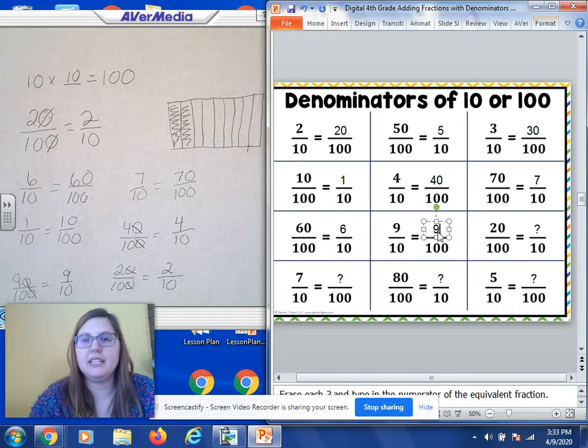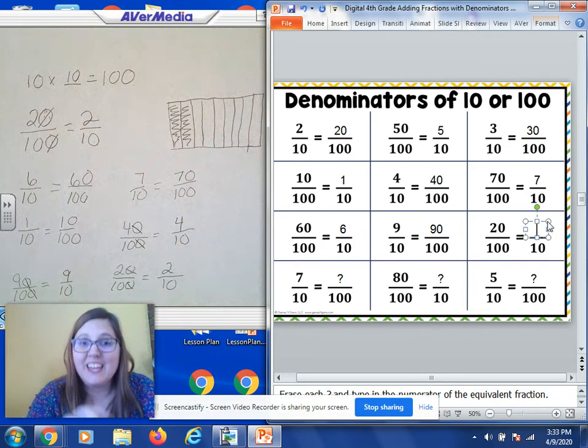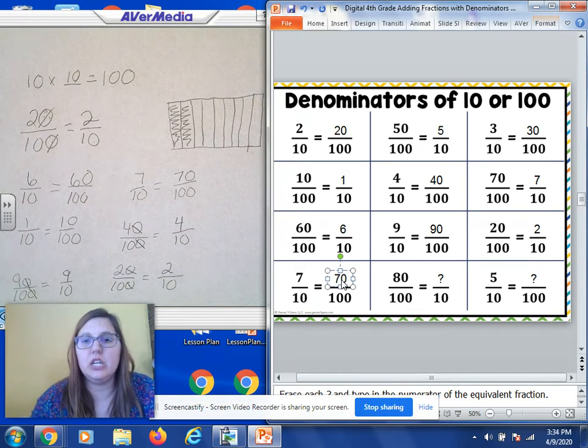Here we're adding that 0, 90 tenths. 90 hundredths, 9 tenths to 90 hundredths. 20 hundredths to 2 tenths. 7 tenths to 70 hundredths. 80 hundredths to 8 tenths. 5 tenths to 50 hundredths.